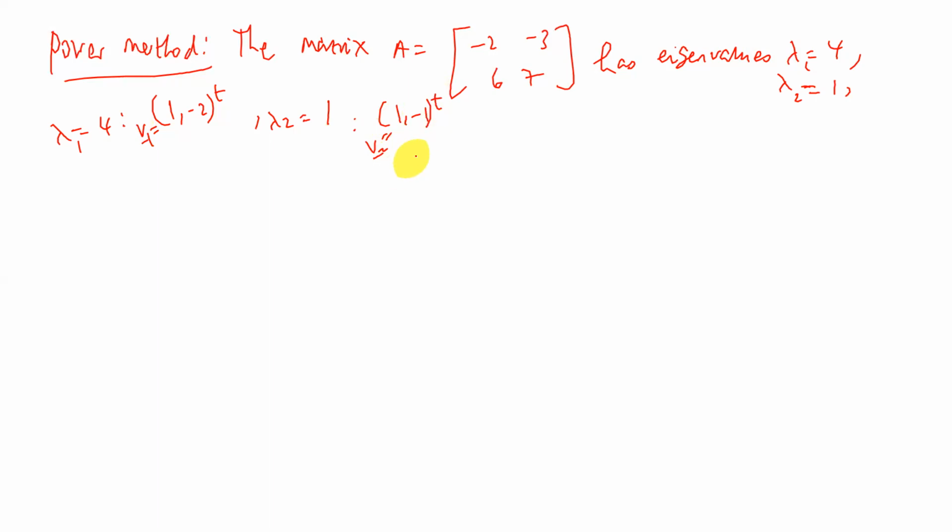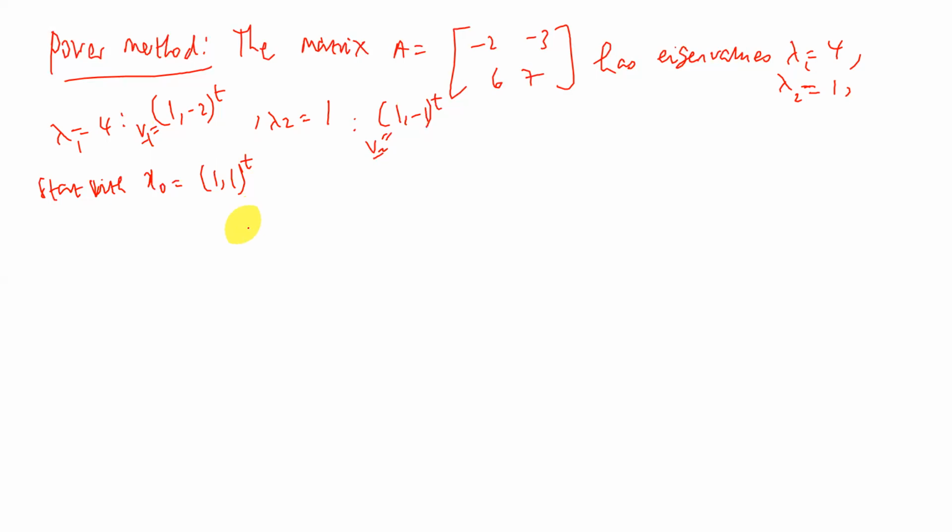If we start with an arbitrary vector, you start the process of iteration and use the power method. You start with x0 equals 1, 1.